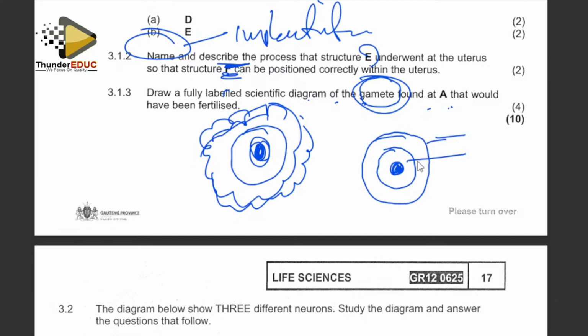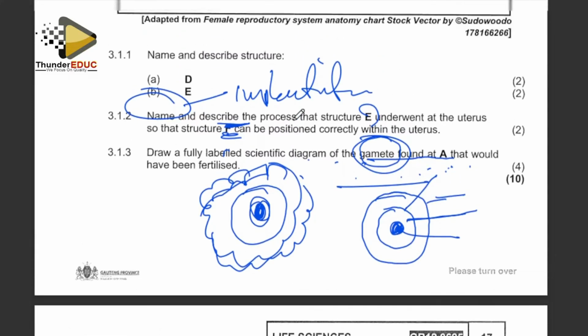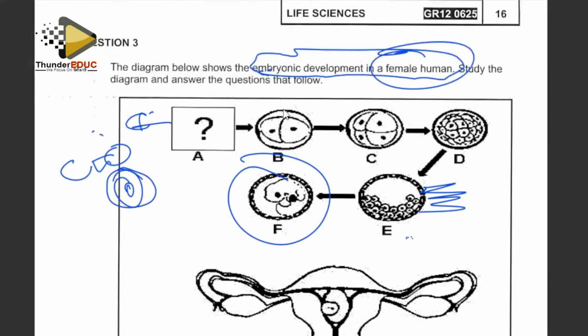That's it. The diagram showing the gamete found at A is the ovum. Simple. So guys, that's why I said this is a gamete. It is not a zygote, because a zygote is not a gamete.